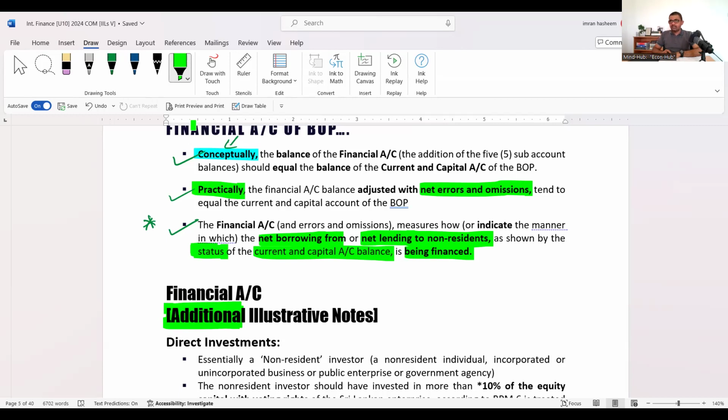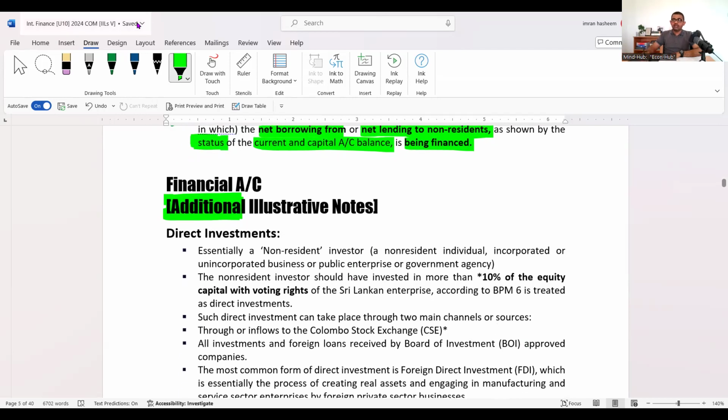How do you decide what kind of investment it is? Is it a direct investment? Is it a portfolio investment? Mainly those decisions you have to make, especially if you are asked to write the double entry. So at least the investment items, I would recommend that you read the notes. Everything is very clearly explained. I'll just give you a brief idea.